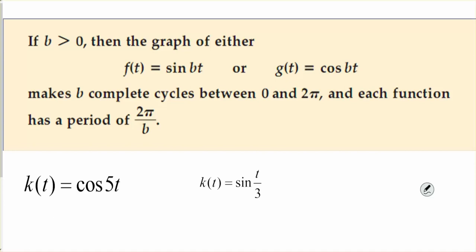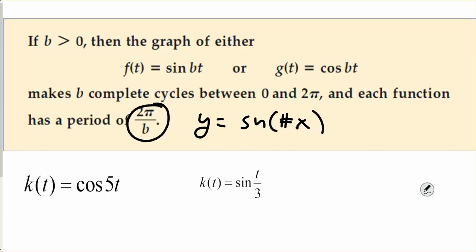What does this mean? Well, in the activities that you did, you were dealing with some sort of sine, and you put some number in front of x, and that some number in front of x, we'll call it b. That actually affects your period. All right, the period is 2 pi divided by b.